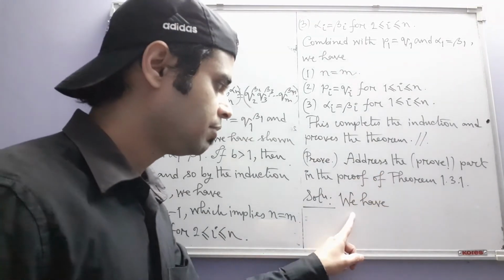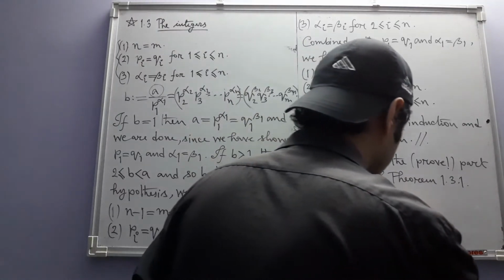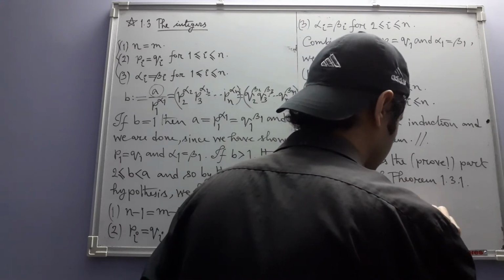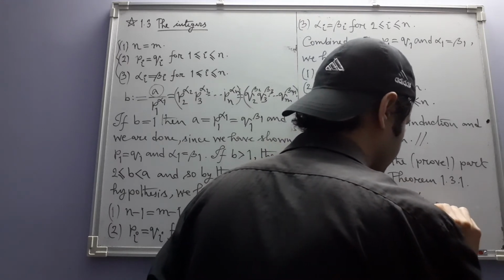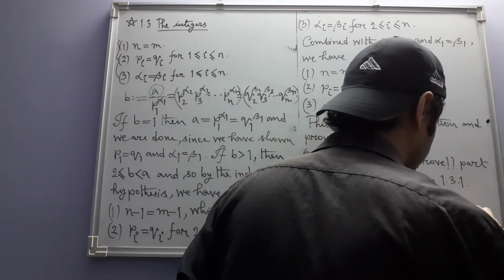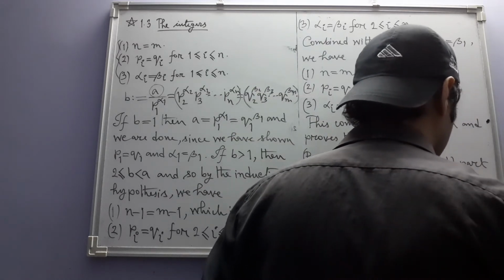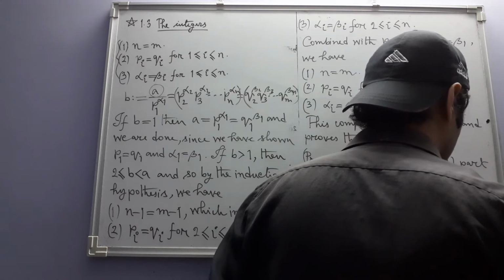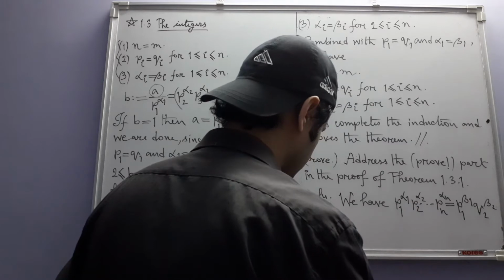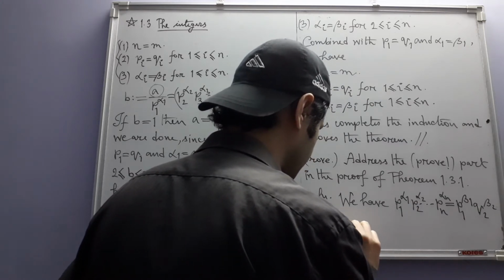It comes when we have already shown that P1 is equal to Q1, that is, we have P1 to the power alpha 1 times P2 to the power alpha 2, etc., times Pn to the power alpha n, which is equal to, since P1 is equal to Q1, I can write here also P1 to the power beta 1 times Q2 to the power beta 2 times etc. up to Qm to the power beta m.